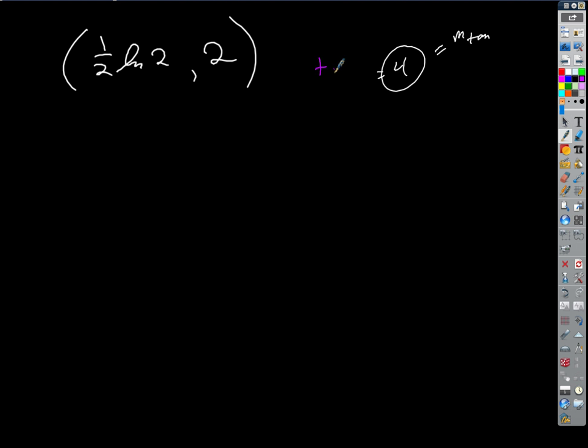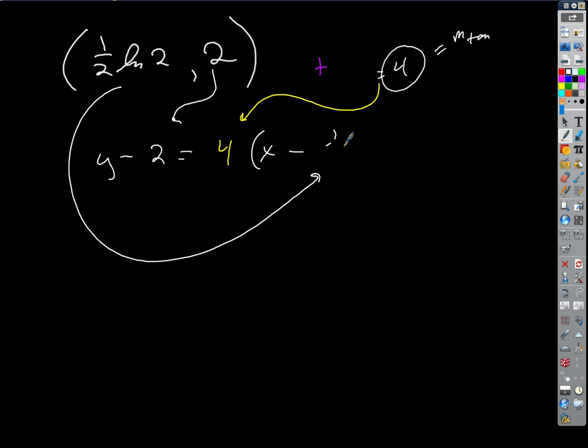So all we're doing then is just combining those two pieces of information into a line. Now we can use point slope form. So y minus 2 equals m times x minus 1/2 log 2.